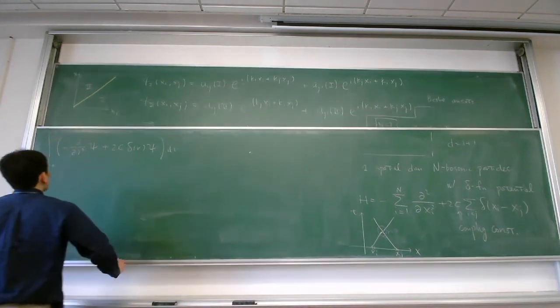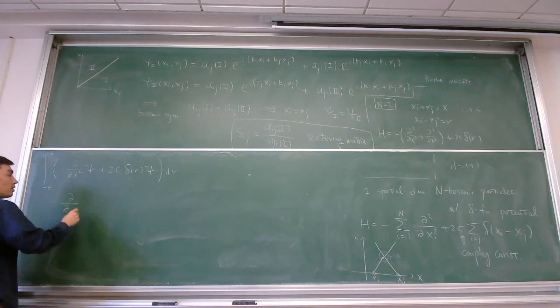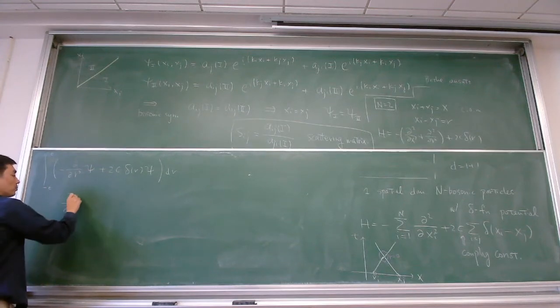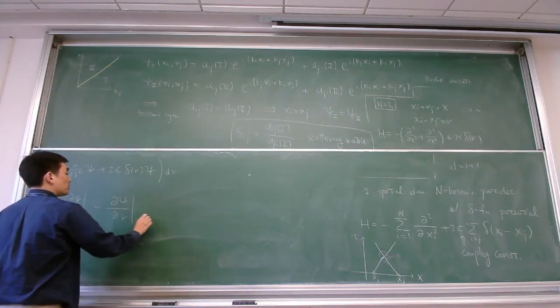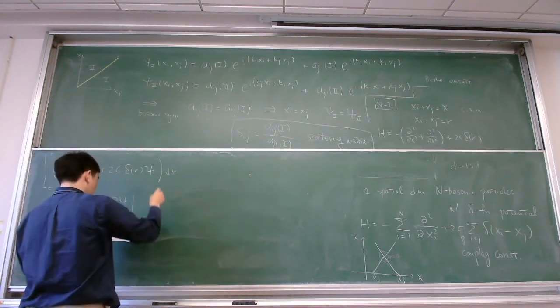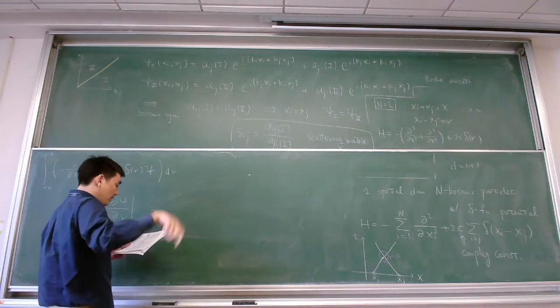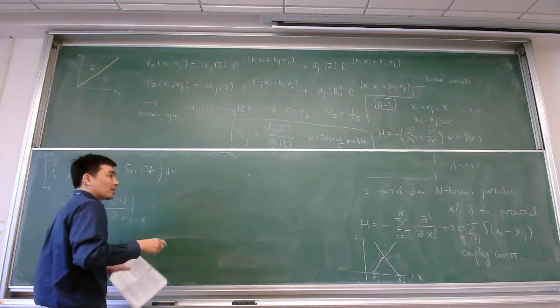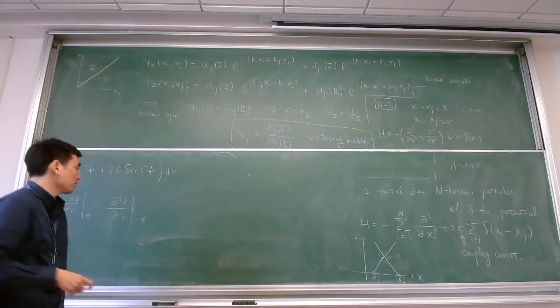And then, if you do the integral by parts here, it is psi at epsilon minus psi at minus epsilon. And here you have a delta function. I'm not careful about sign, so I may make a mistake. But if you understand the idea, you have to do the calculation by yourself.